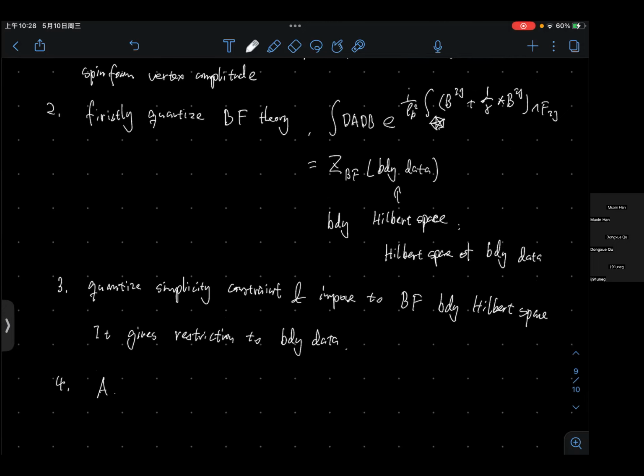The spinfoam vertex amplitude, which I call A of V, is just given by the partition function, or amplitude, of BF with those boundary data satisfying the quantum simplicity constraint. So schematically, this is the way to construct the spinfoam vertex amplitude, at least in the EPRL story.